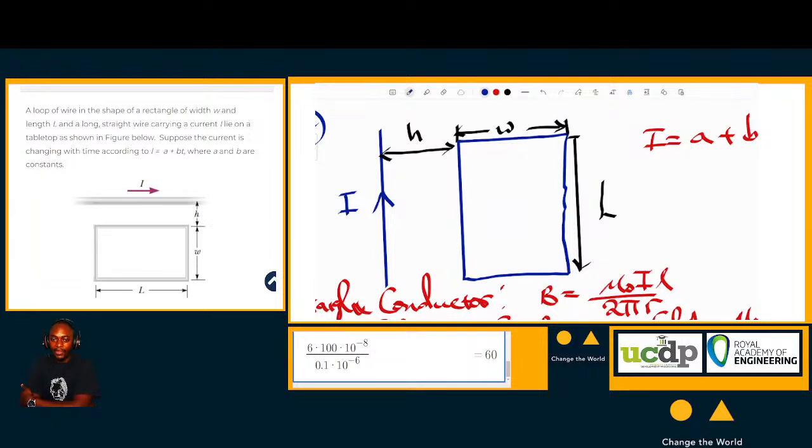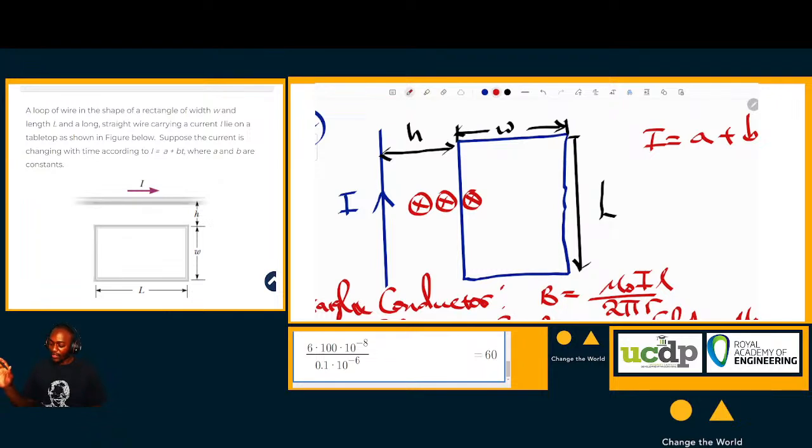So you can grip that straight conductor like this with your thumb pointing upwards. Yeah, on the right side, the magnetic field will be into the page. Yes. So it will be like this, right?